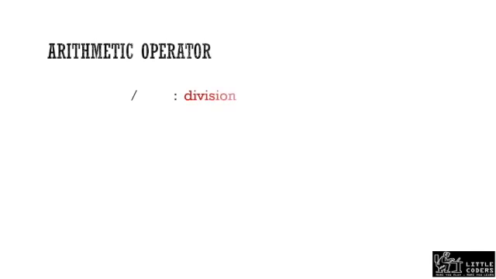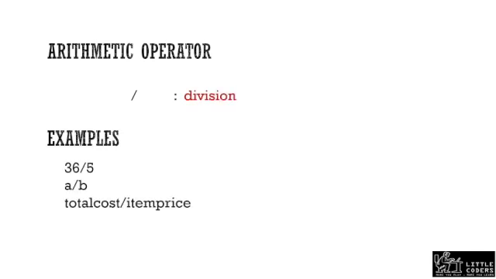We are going to see next the division operator. Here, when two quantities are divided, we will get an integer part as well as a decimal part. In certain cases, integer part alone; in certain cases, decimal part alone.